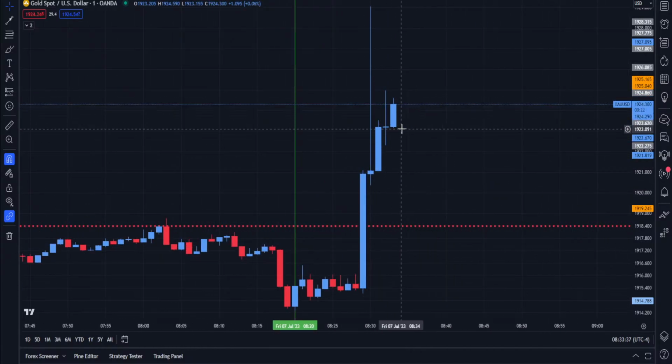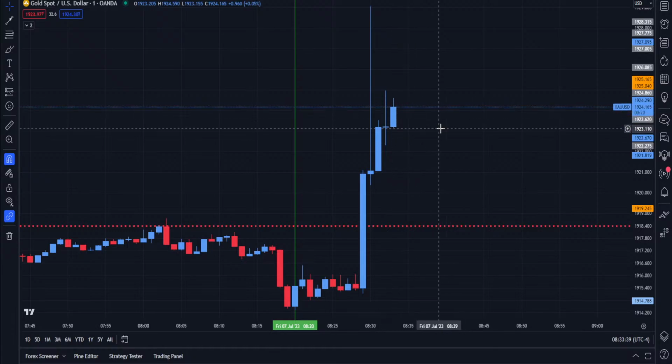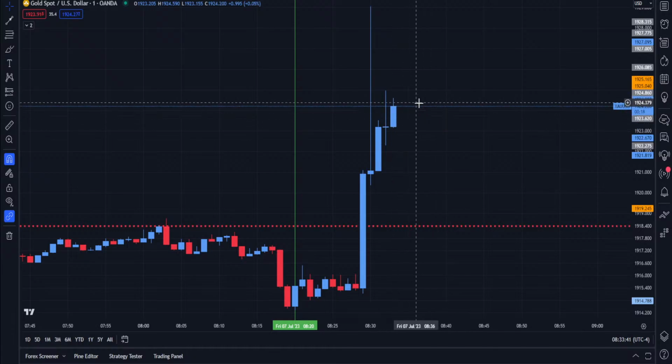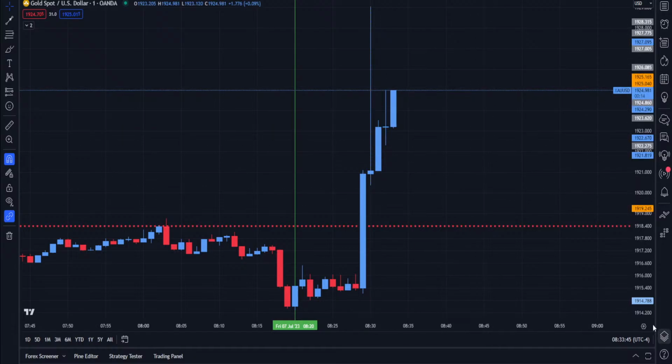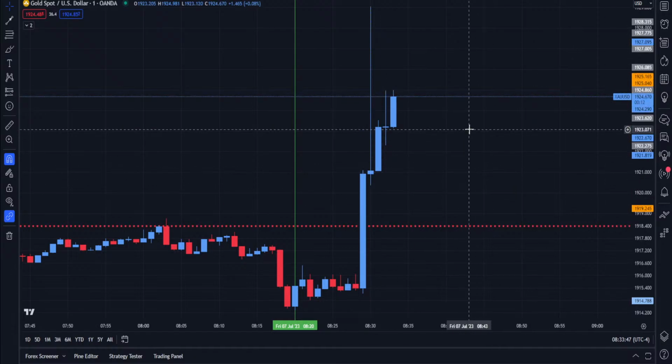We need a bearish engulfing of the previous candle's body.